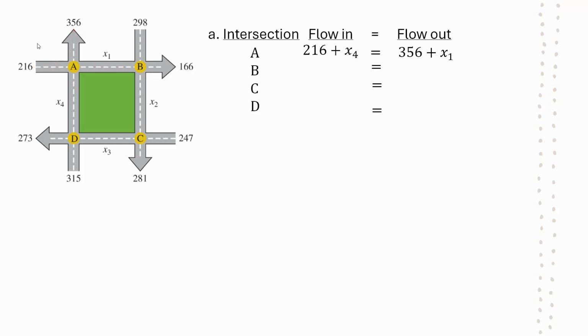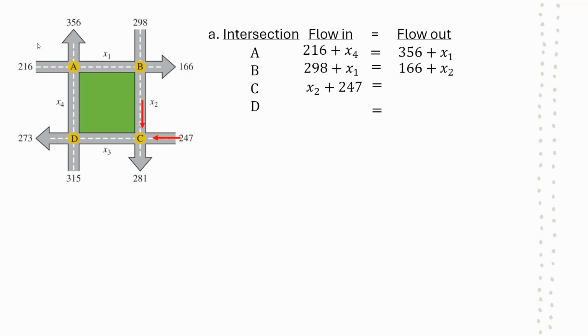Intersection B, you've got traffic coming in from the left and from the top. That's the traffic going in, so that's x sub 1 plus 298. And then you've got traffic going out. It either goes out to the right or it can go out down. And then for intersection C, you've got traffic coming in, x sub 2, or the 247 coming from the right. So that's the traffic going in.